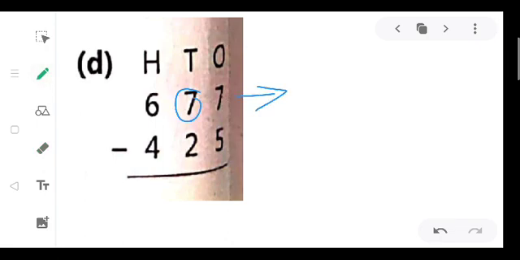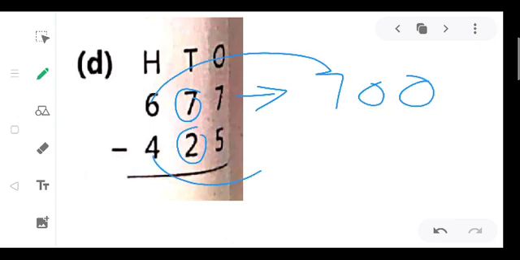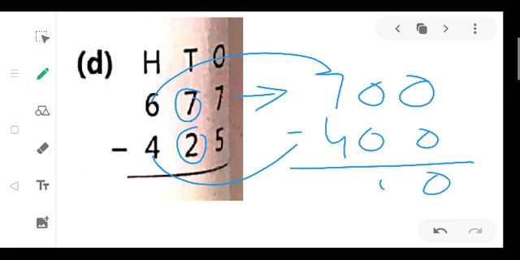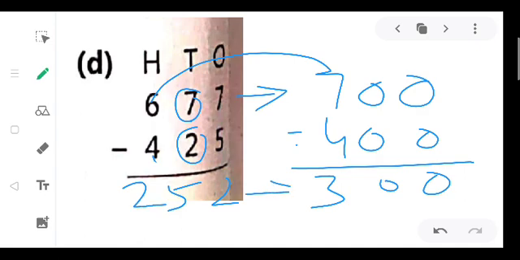Check the tens place digit, it is greater than 5, so it will round off to 700. The other is less than 5, same, 400. Find their difference: 300. Here the real difference is 252, and 252 will round off to 300.